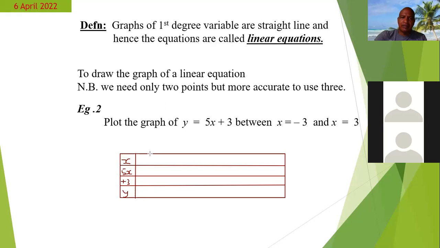Now we need to choose enough columns to accommodate x values from -3 to +3. So that would be -3 and -2, then -1 and 0, next 1 and 2, and then we just need one more for 3.